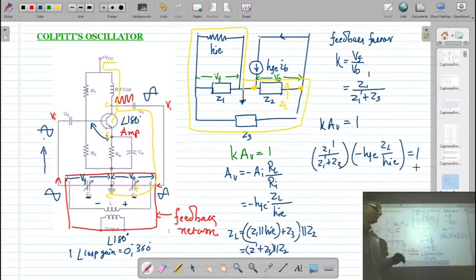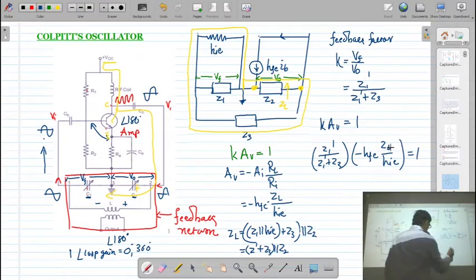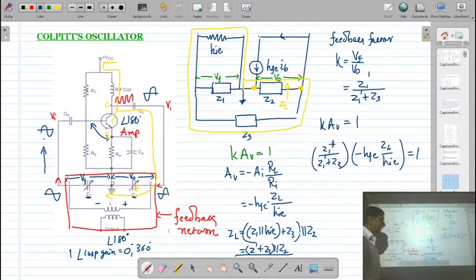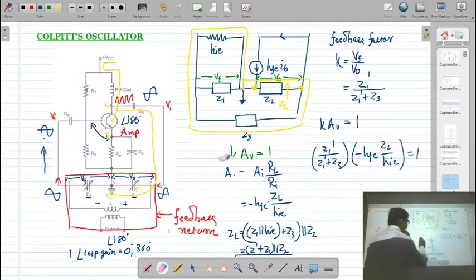And in this expression, we can put this value of ZL. What is my ZL? It is this. And what is Z1 dash? It is a parallel combination of Z1 and HIE. So after the simplification, you will get this expression. So, shall I rub out all this?